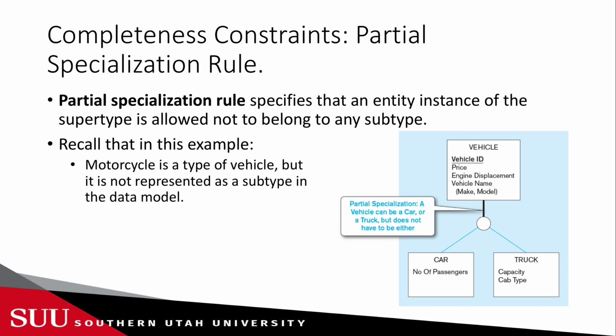So it's all covered by vehicle. Now, if by partial specialization we say, okay, a vehicle can be a car, or can be a truck, or can be something else, which might be a motorcycle that is covered under vehicle on top right here.